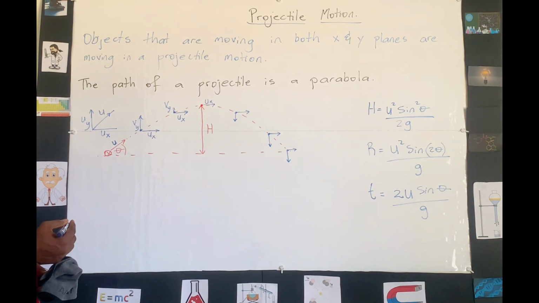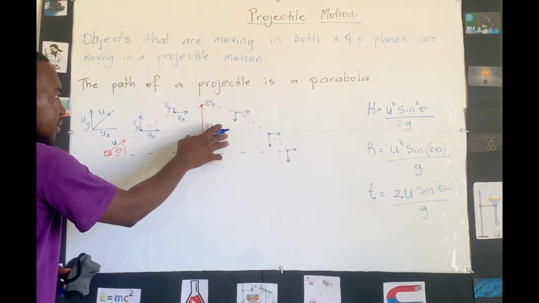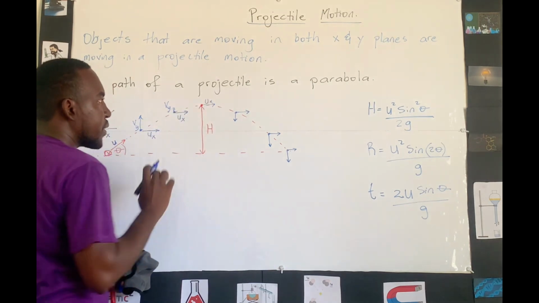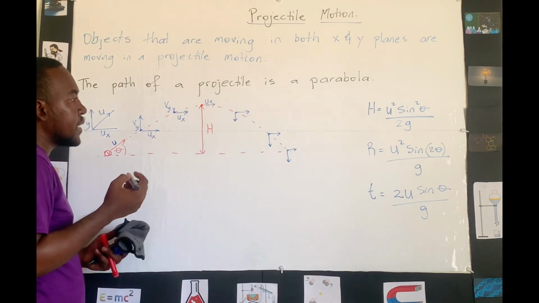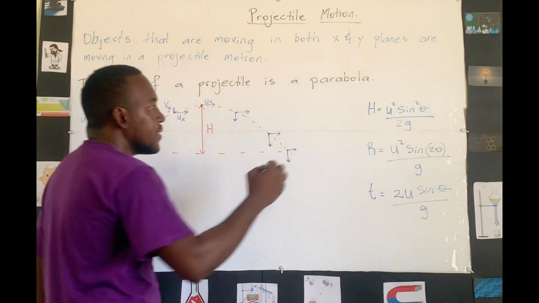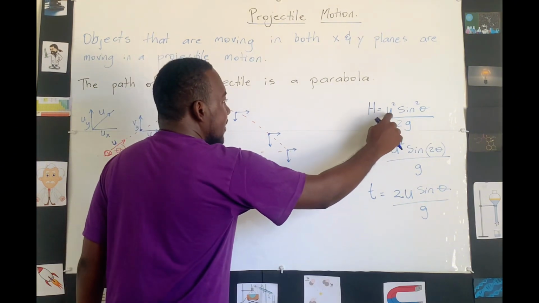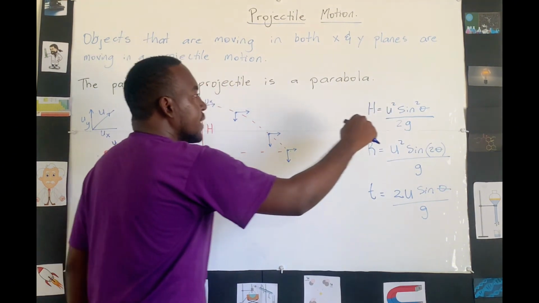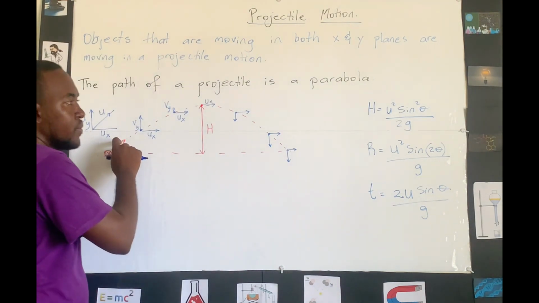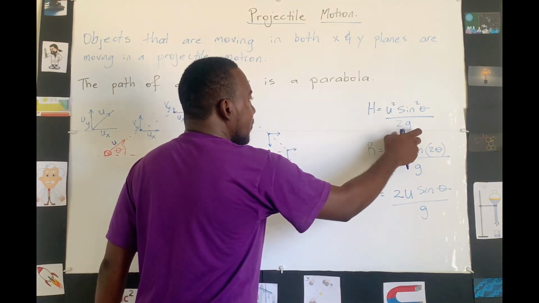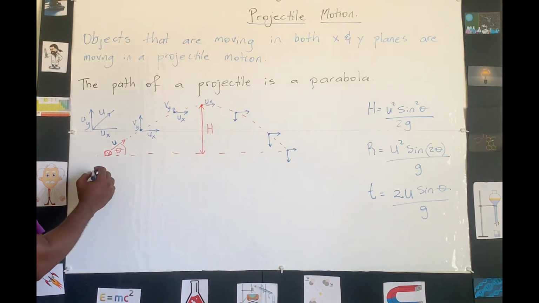All right, so now we know that the maximum height is where the object goes the maximum vertically, and we can find that value by utilizing this simple equation here, which tells us it's the initial velocity squared times sine squared theta, which is the angle that it was kicked initially, over 2 times g. Also, we could use another equation.